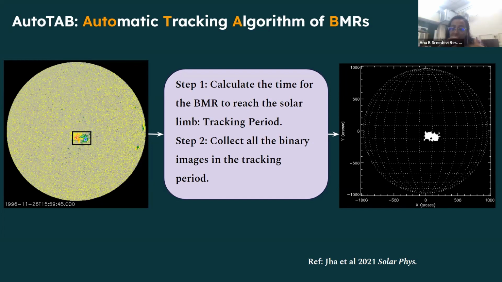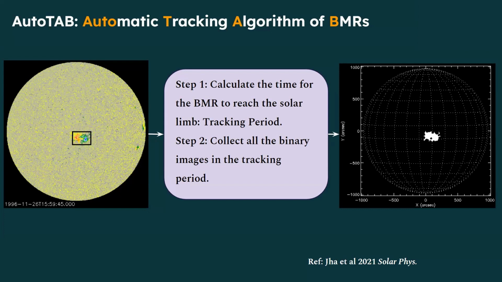So there is human intervention in the running of the code. Here, once you give the binary files, the code takes care of all parts of tracking. There is no need for human intervention, and everything is done automatically. I hope it's clear now.